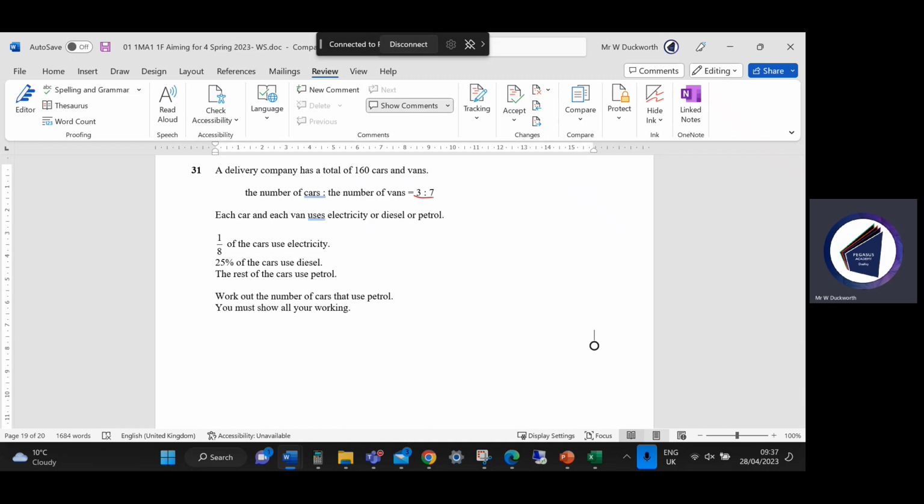So what I'm going to do is work out the number of cars first of all. So the number of cars is going to be 3/10, because we've got 3 out of 10 parts, times by 160. I'm going to treat it as 3 times by 16, which would give us 54 cars.